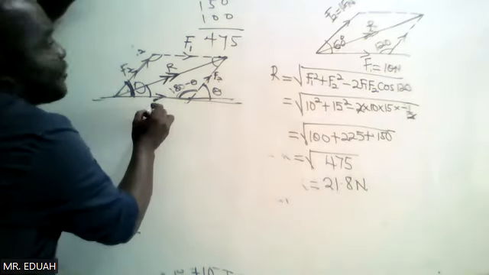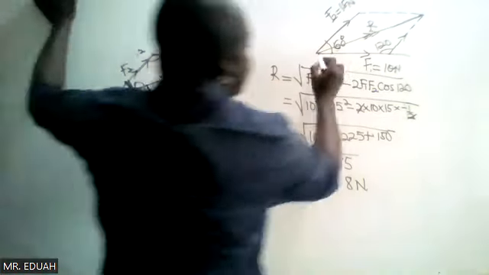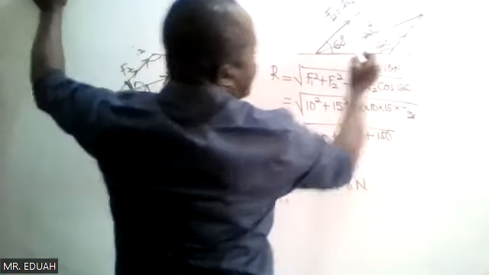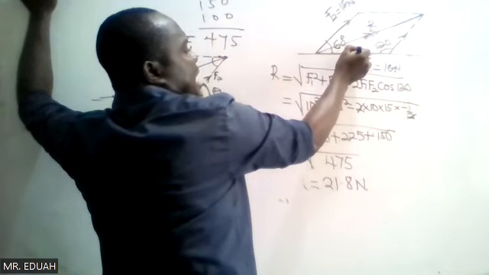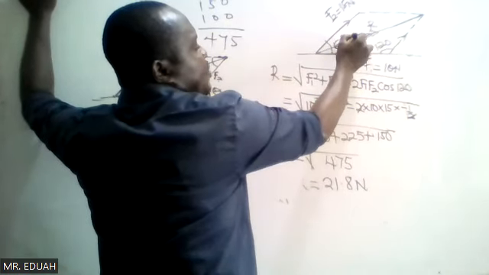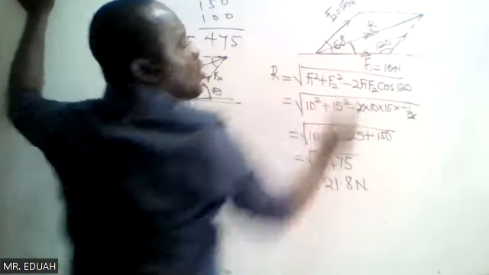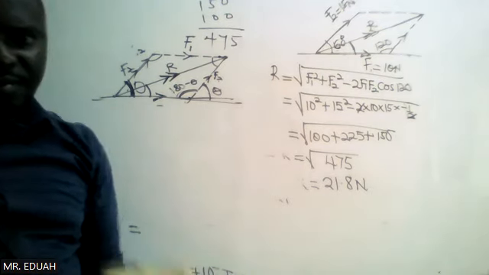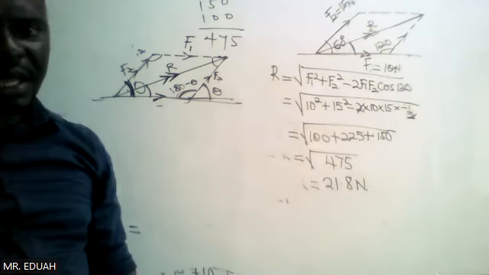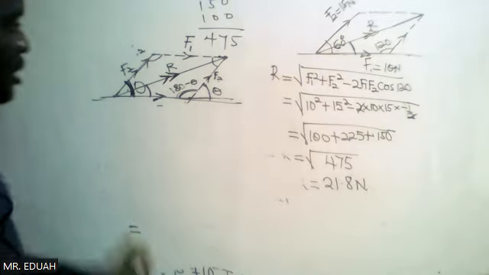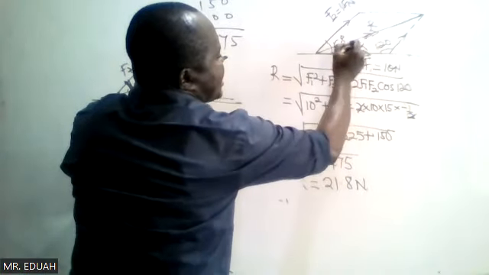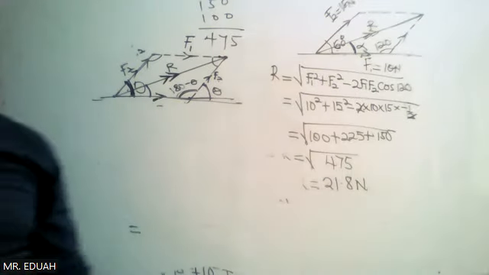You see, the 10 Newton force is simply along the x-axis. So here we are looking at the angle the resultant force makes with the x-axis on which the 10 Newton force is. So it is just the small angle alpha, which is less than the 60.